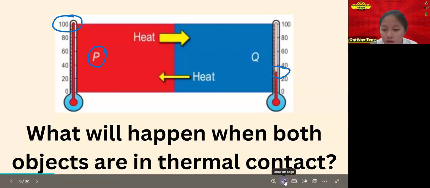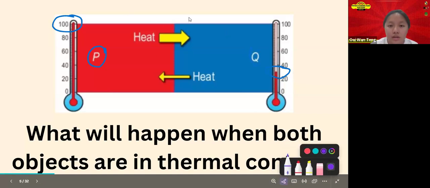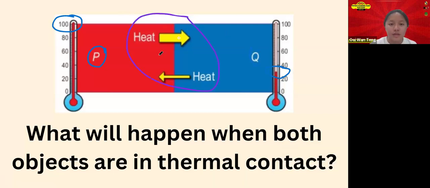And also, you can observe the arrows here, the heat transfer. You can see that the heat transfer from object P to Q has a bigger arrow, and from object Q to P has a smaller arrow. But why?